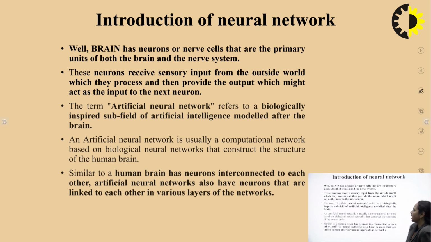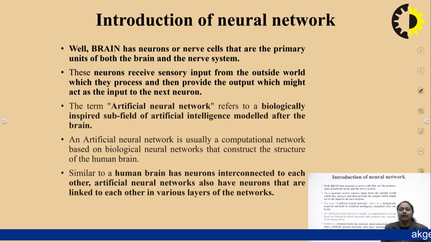It is a subfield of artificial intelligence. An artificial neural network is usually a computational network based on biological neural networks that construct the structure of the human brain. Just like the human brain, the structure of ANN will look similar. It has various layers, similar to the human brain.